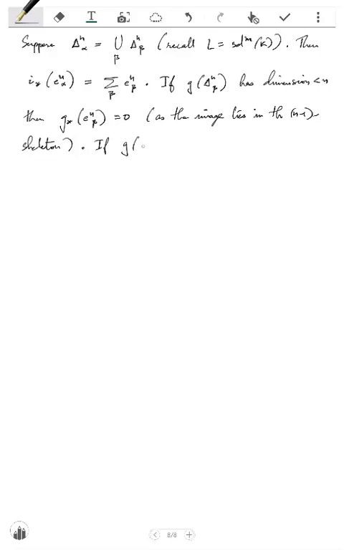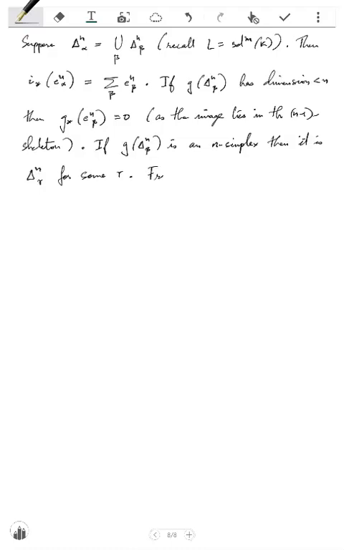If g of delta n beta is an n simplex, then it is delta n gamma for some gamma.